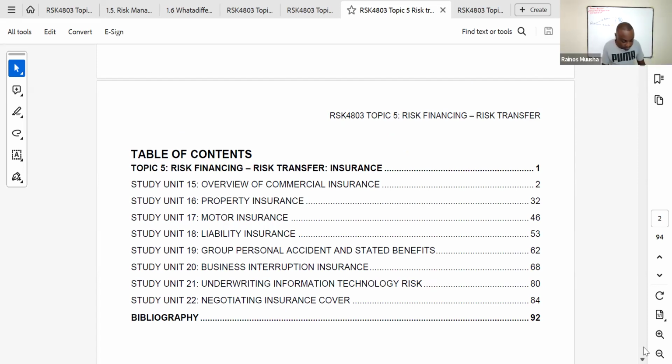Now, please note, study units 16, 17, 18, 19. You can go over them, but historically, the lecturer has not really gone into detail when it comes to trying to understand, apart from understanding insurance overall, how do we go into detail in understanding property insurance, motor insurance, liability insurance, and also group personal accident and stated benefits as well.